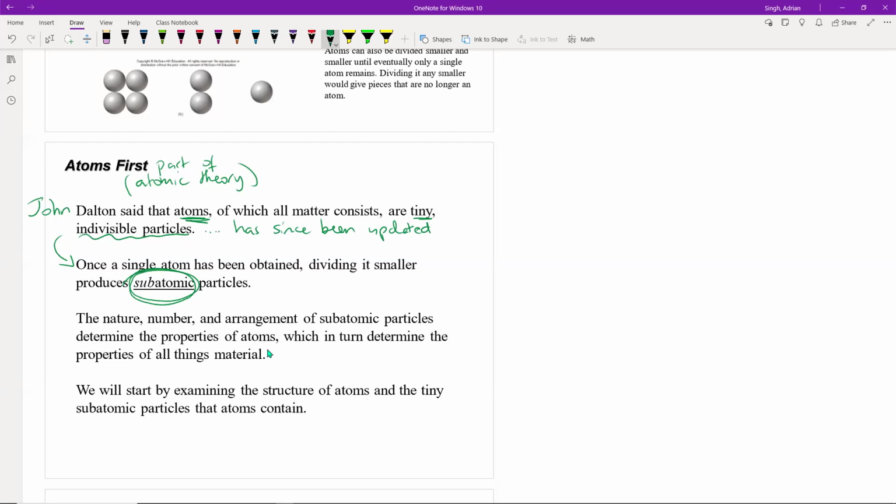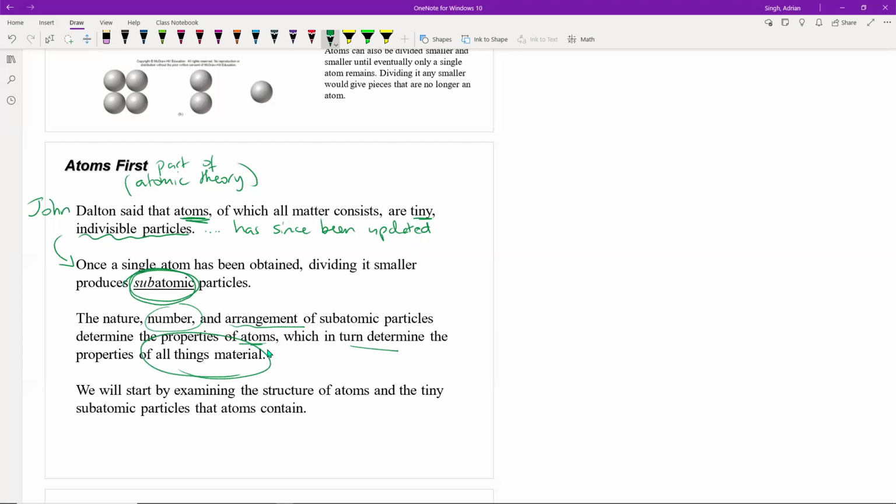around us. So the nature of these subatomic particles, how many we have, how they are arranged, will determine all of the characteristics, both chemical and physical properties of the atoms. And again, atoms making up everything around us, those subatomic particles will then determine the properties of all things around us, in us, etc. So this is the backdrop of what we're going to be exploring in this section.